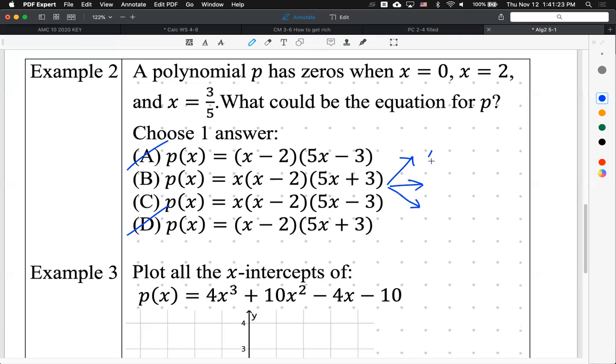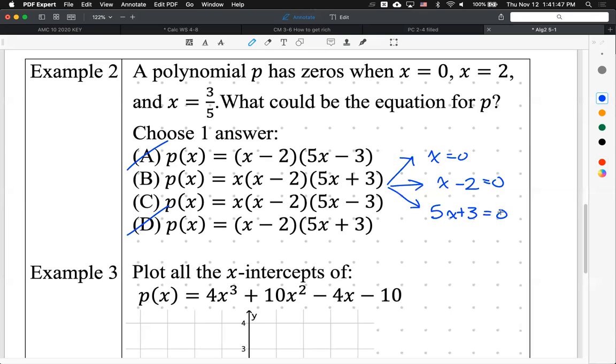I would say x is equal to 0, x minus 2 is equal to 0, and 5x plus 3 is equal to 0. Notice that I can only have x equal to 0 if I just had a normal x to begin with. It's only between B and C.